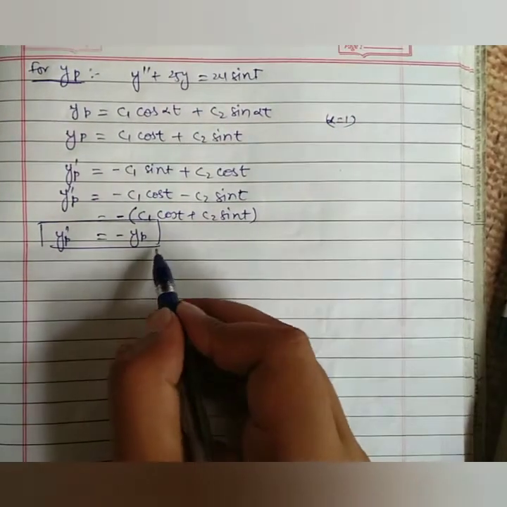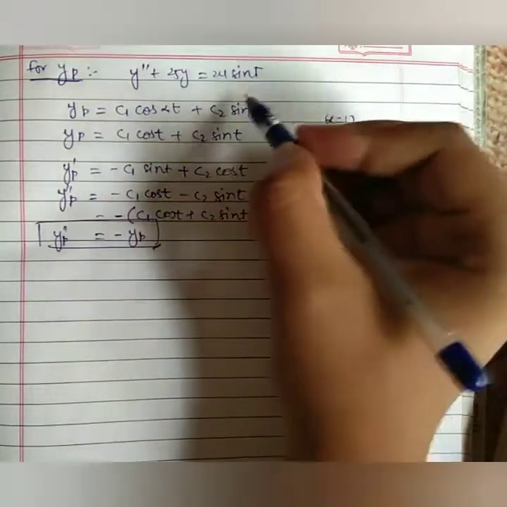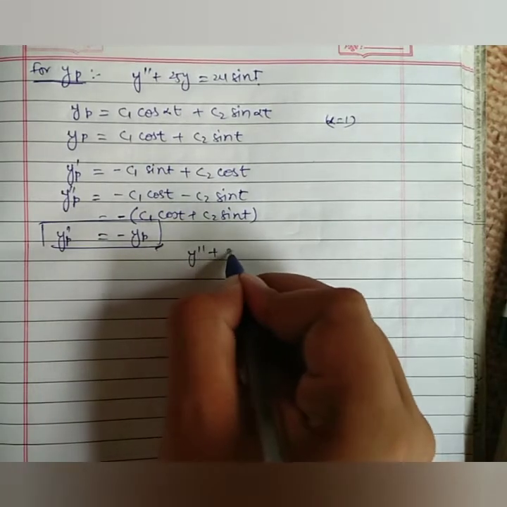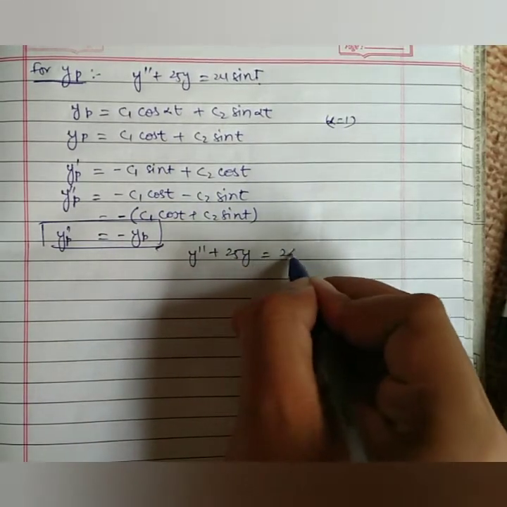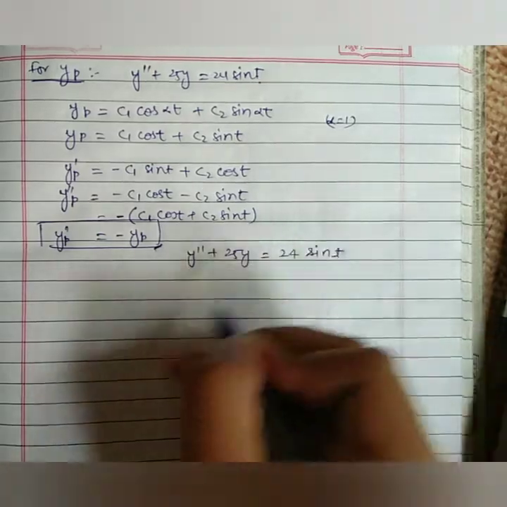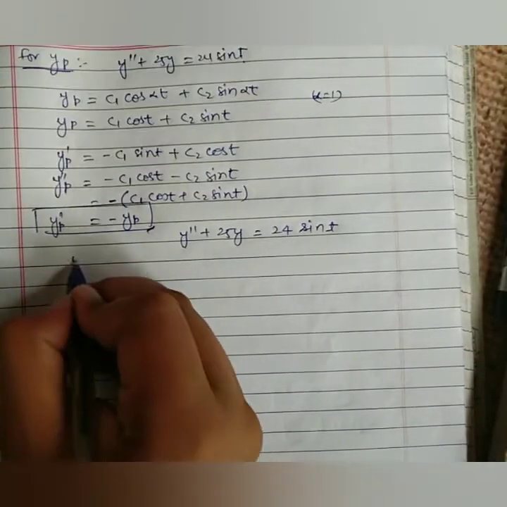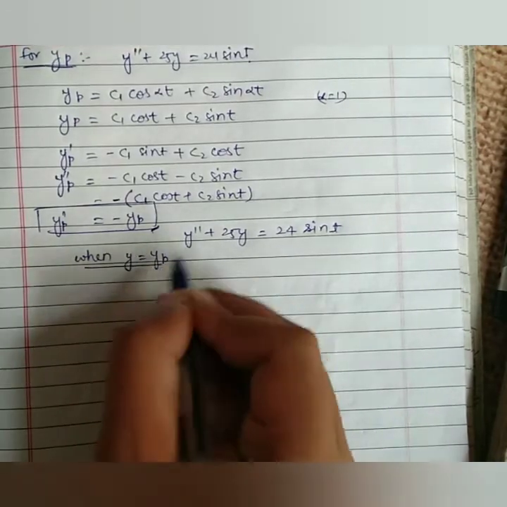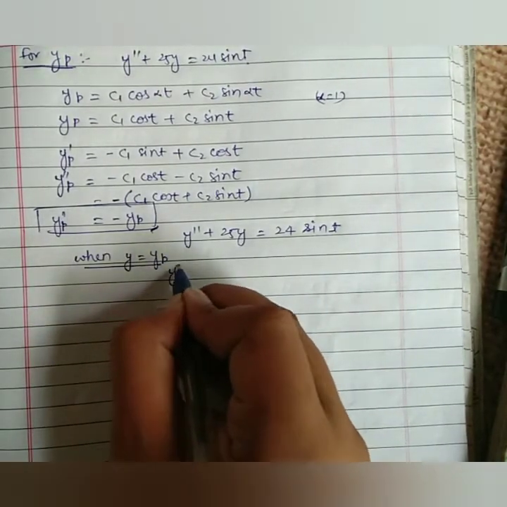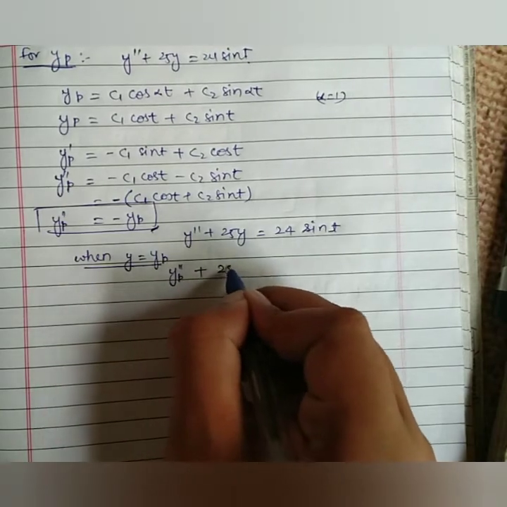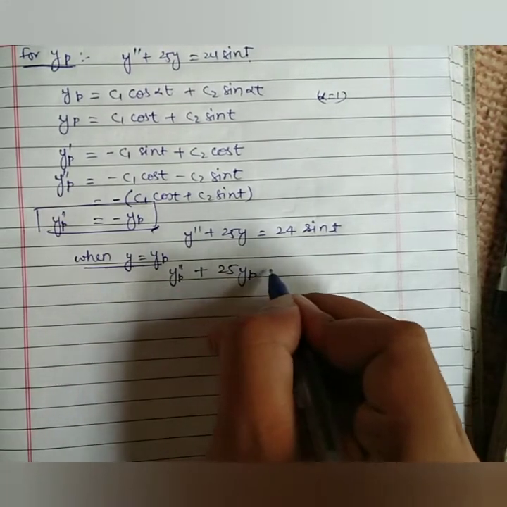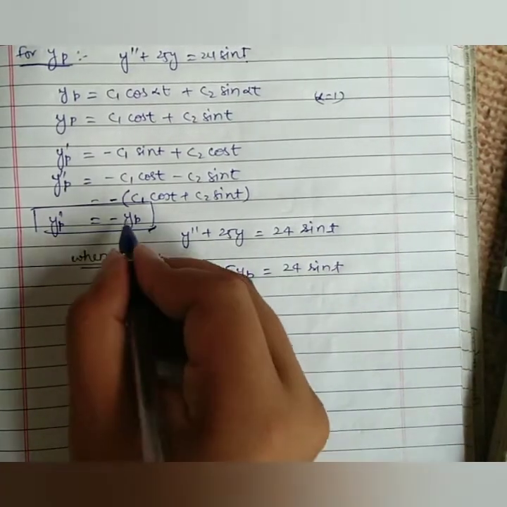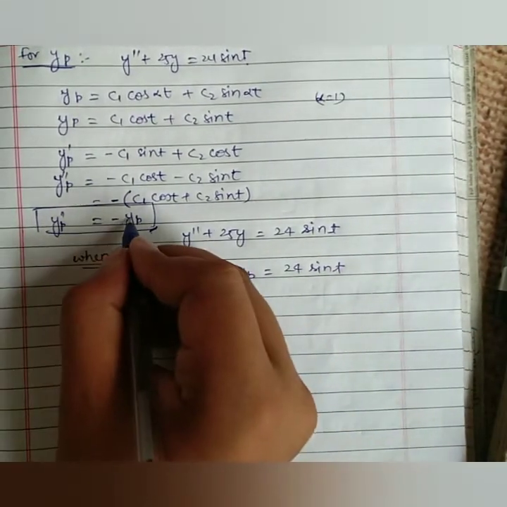Now we can substitute this result in the given non-homogeneous ODE. So y double prime plus 25y equals 24 sin t. When y equals yp, this can be written as yp double prime plus 25yp equals 24 sin t, and yp double prime equals minus yp.